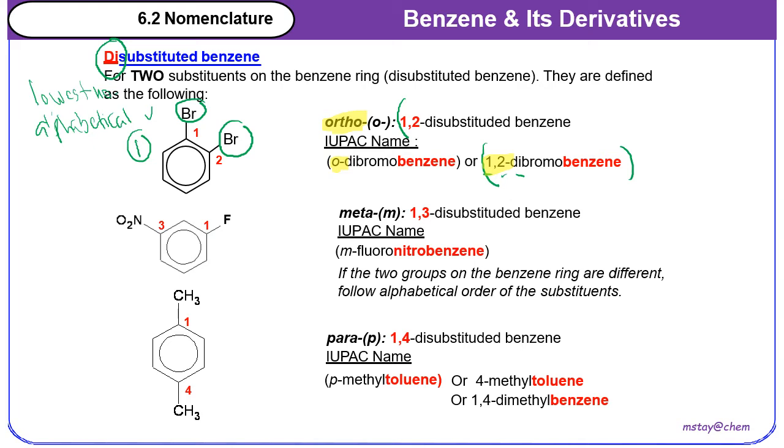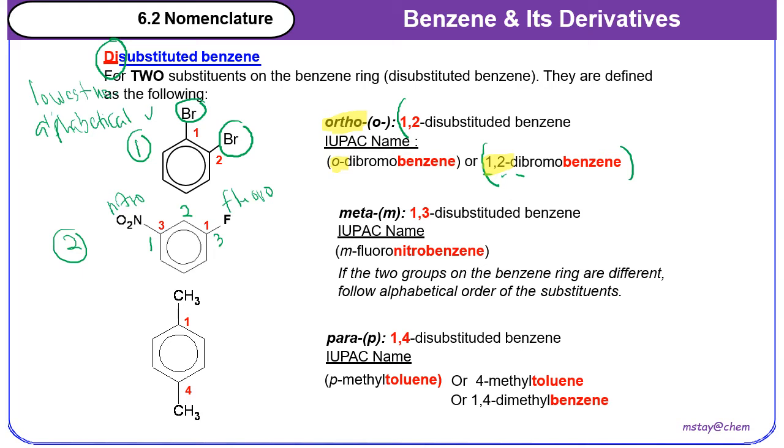Now we look at the second example here. We have nitro and we have fluoro. In these two cases, either one can be 1, and we go clockwise 1, 2, 3.